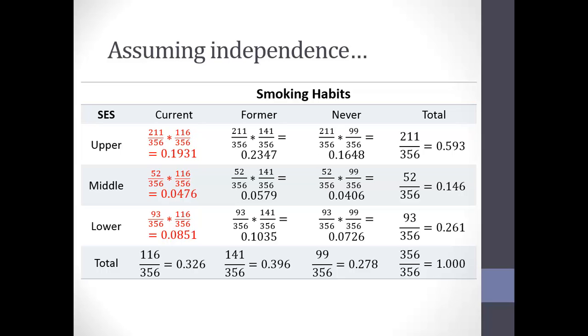So if they really are independent, the probability of being a lower class and former smoker is 0.1035, similarly for the other things on there. Everybody okay with what we're doing here? If these two things really are independent, this is what would be going on.